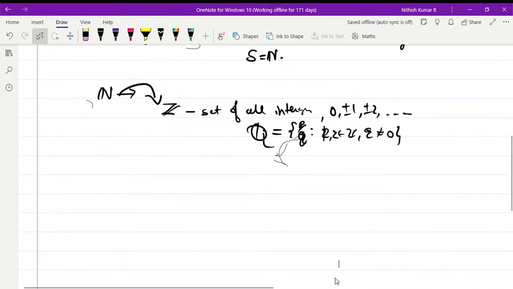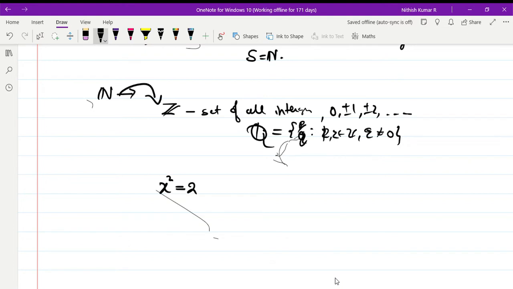Okay, so now we get a question. From natural numbers we moved to the integers, and from integers we have moved to the set of all rationals. While working with natural numbers, integers or rational numbers, we come across the problem x square equal to 2.